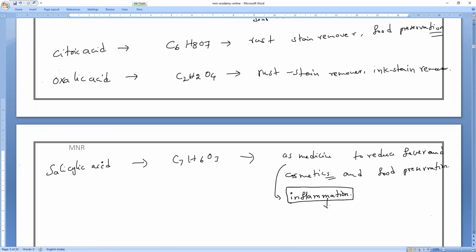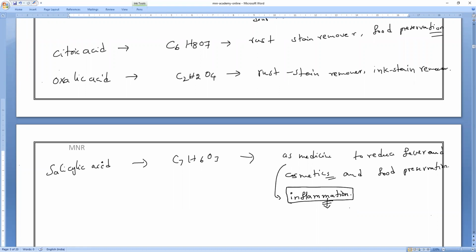So inflammation is a part of the body's defense mechanism, fighting against foreign bodies that affect the immune system, identifying them and trying to remove them. That is what we call inflammation.